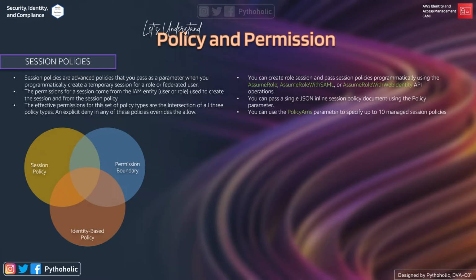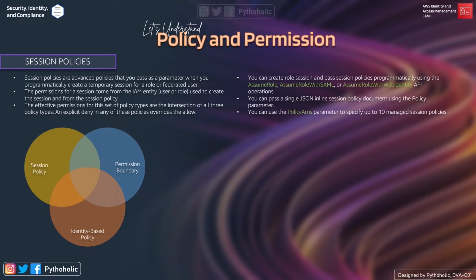Thus, if there is a session, there will be a session policy, and we need to pass the session policies so that the principal can perform the operation. And we can create role sessions and pass session policies programmatically using the AssumeRole, AssumeRoleWithSAML, or AssumeRoleWithWebIdentity API operations. And we can use policy ARNs to specify up to 10 managed session policies.